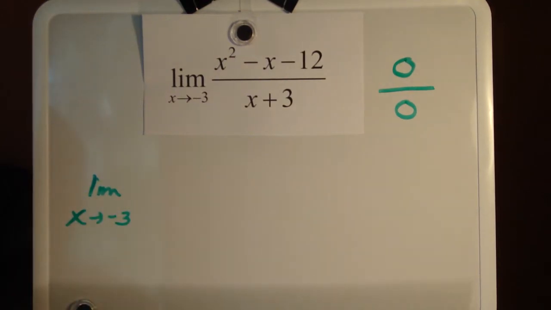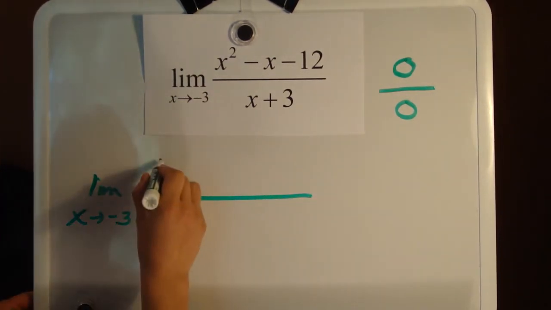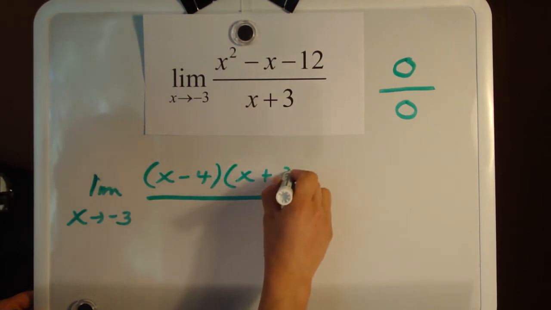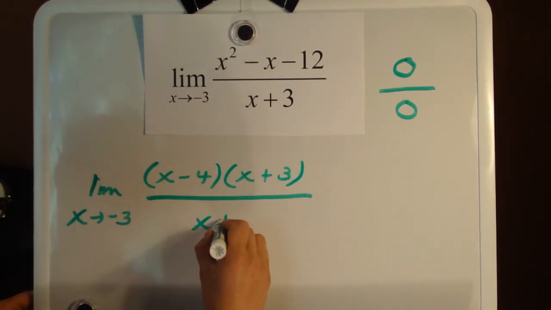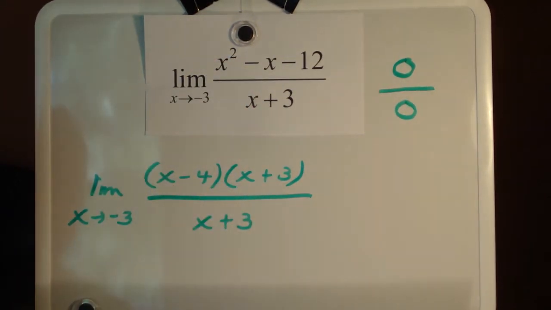Okay, so the limit here is x approaches -3. What we can try to do is to factor the numerator. Okay, so we'll use our regular techniques here. And obviously you can go back and make sure you understand all of this. Okay, so we're just going to decompose the quadratic into these two factors here.